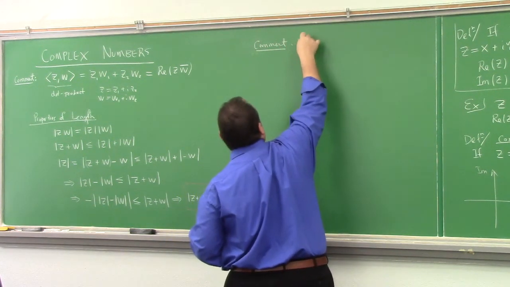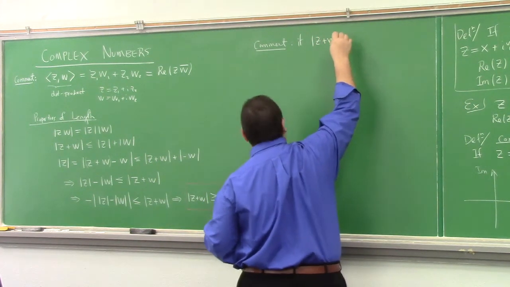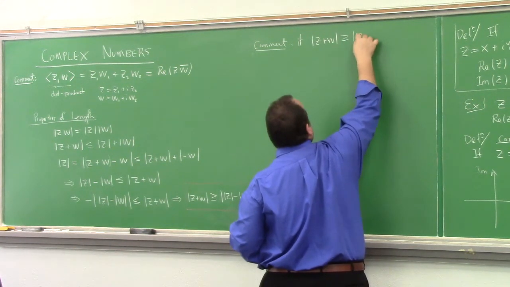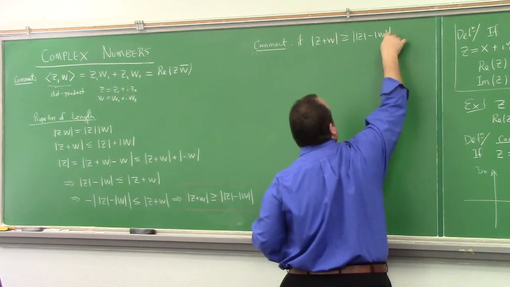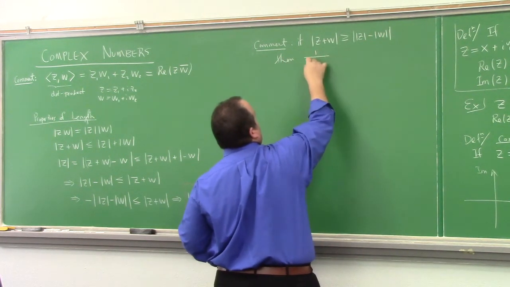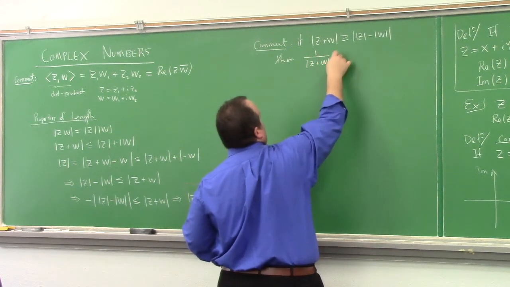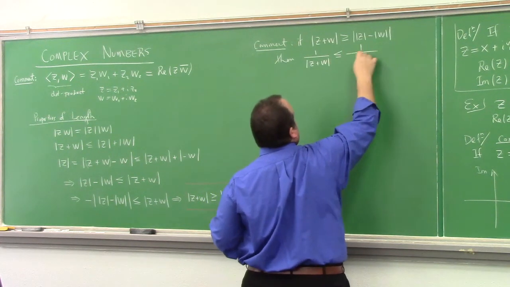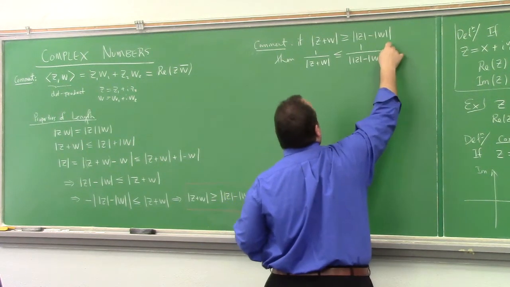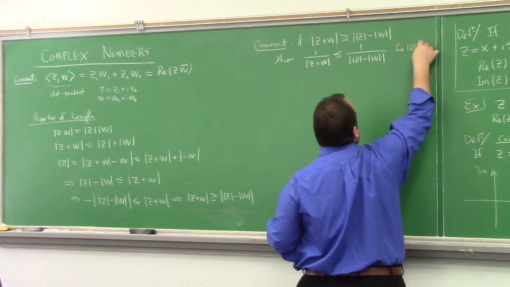If the length of Z plus W is greater than or equal to the length of Z minus the length of W, then 1 over the length of Z plus W is less than or equal to 1 over the length of Z minus the length of W, for the length of Z not equal to the length of W, of course.